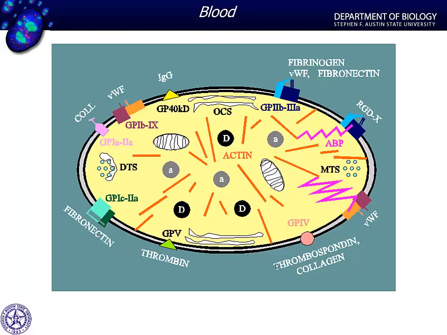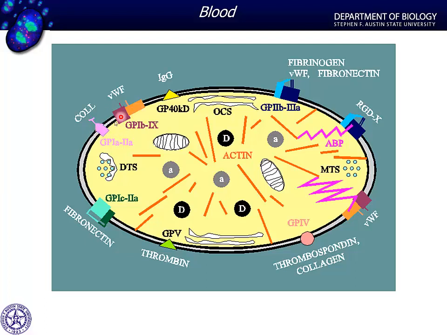Now, although platelets lack a nucleus, you can see we do have some mitochondria, we have cell surface receptors, and we have cytoskeletal components. So we're going to be looking at fibronectin and von Willebrand's factor binding sites. Those are integrin molecules. You see GP2B3A. That is a form of an integrin. Here we have other integrins for von Willebrand's factor. Here we have an integrin for collagen.